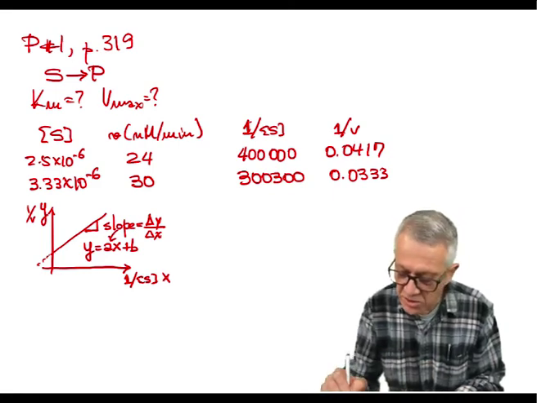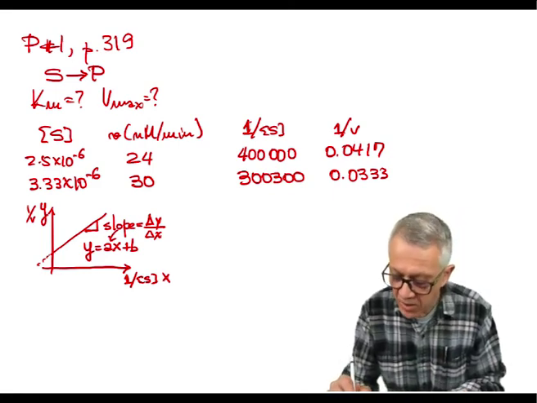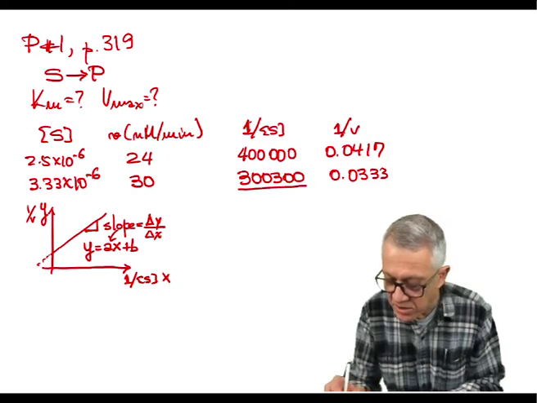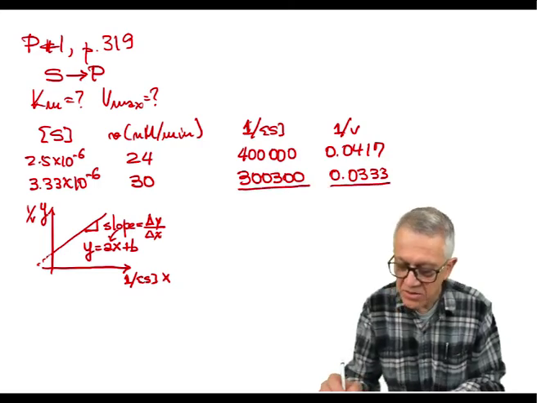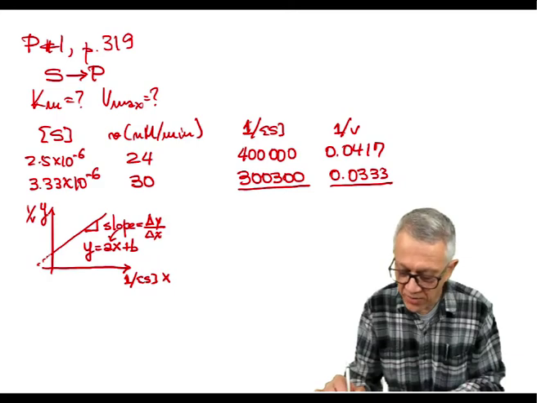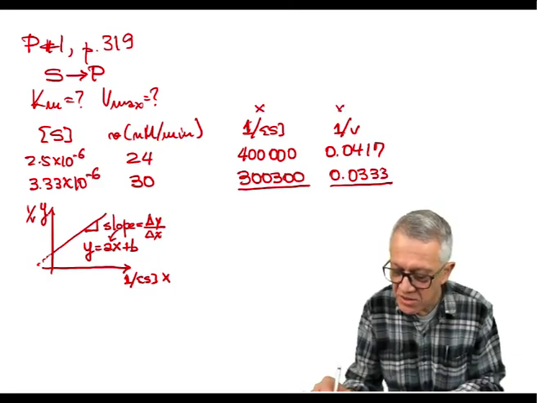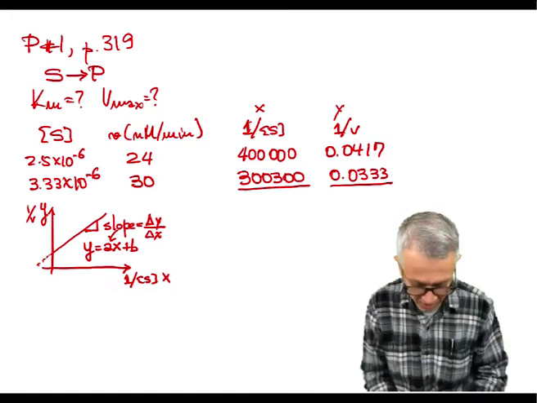So let's calculate that slope, the delta y over delta x. Obviously 1 over S is going to be our x, and 1 over V is equal to our y, right?